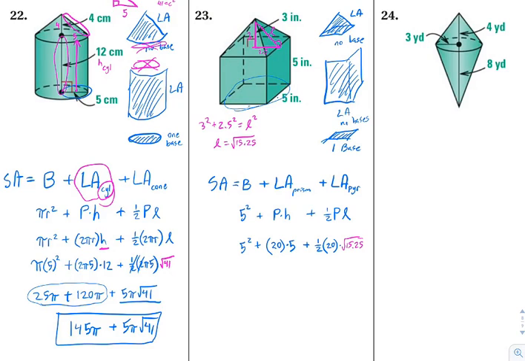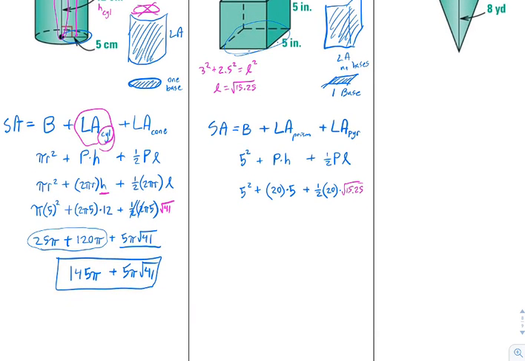No, it's not. Okay, I was just wondering. So just simplifying this, going back to blue here, we get 25 plus 100 plus 1/2 of 20, which is 10 root 15.25. And this can be combined, although not with the funky square root. So we get 125 plus 10 root 15.25.